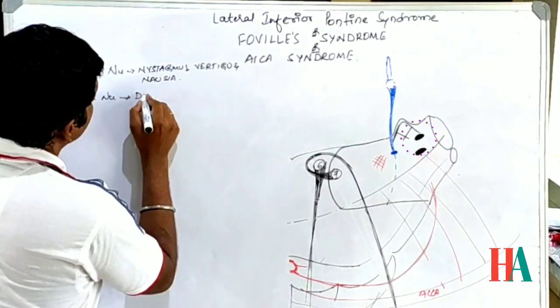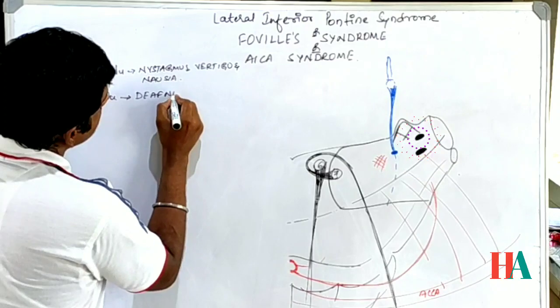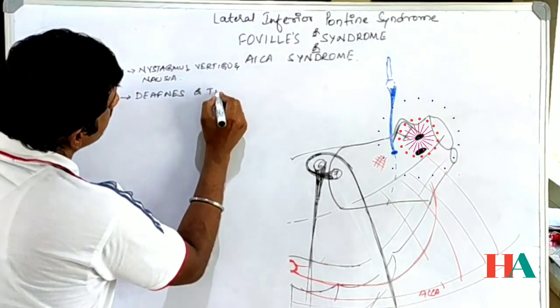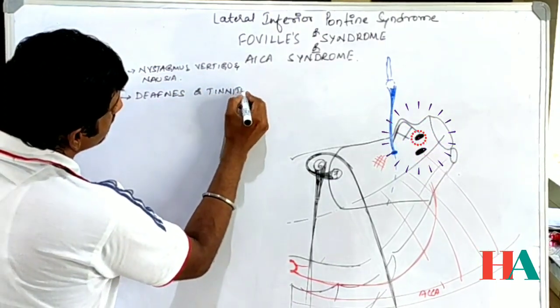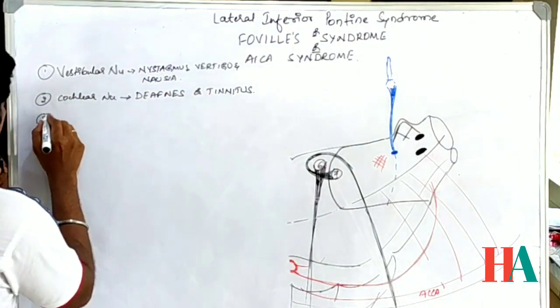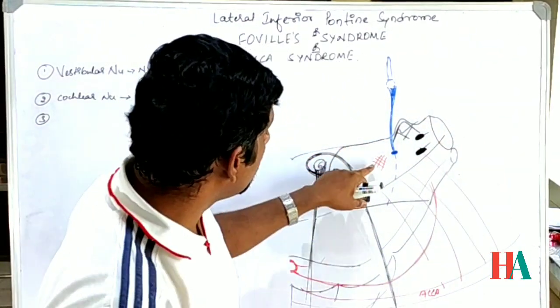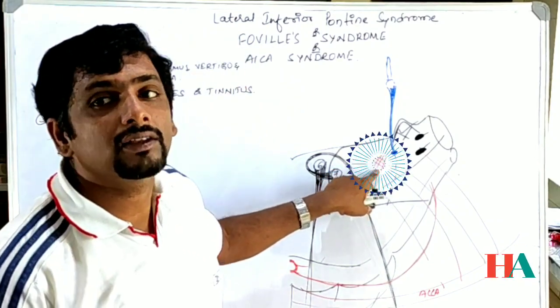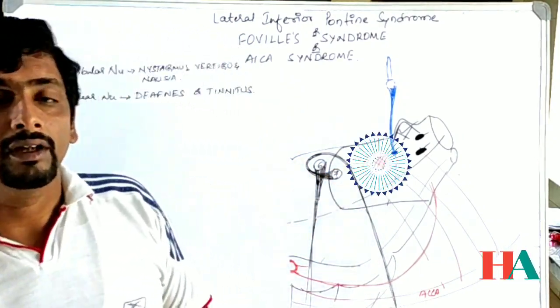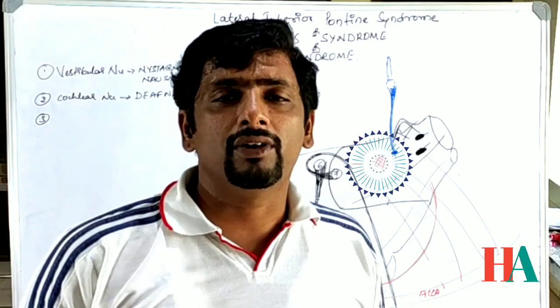Right? So what is the third symptom? So these two are over. And what is this? They are the reticular formation. I am speaking, there are a lot of other nuclei related to that.